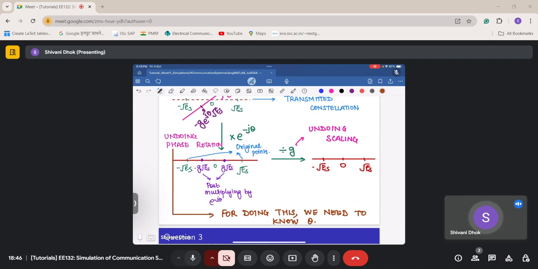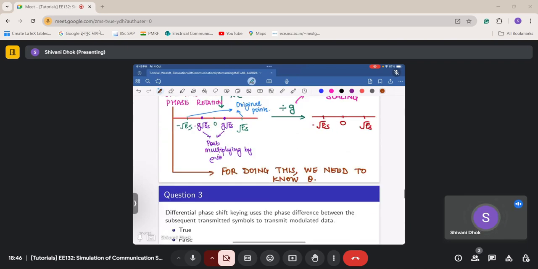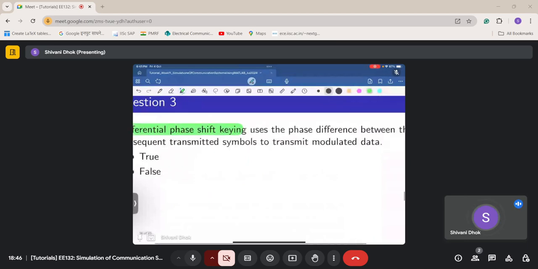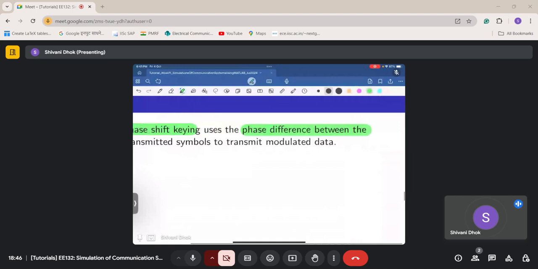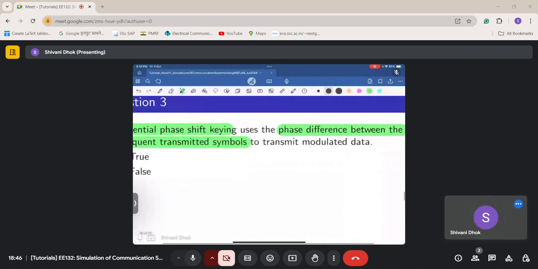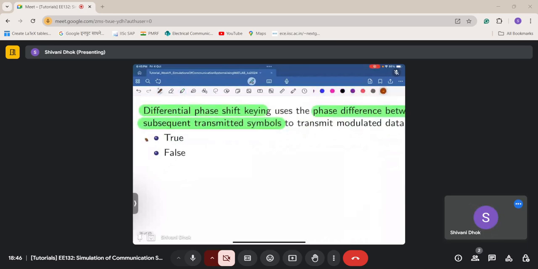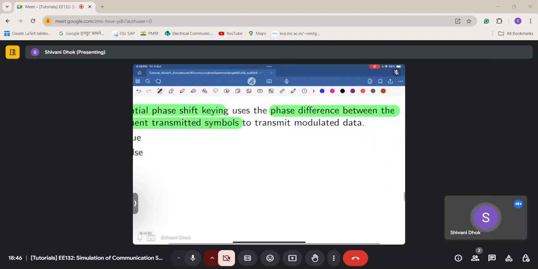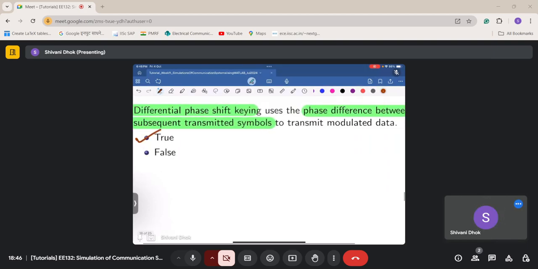The next question says differential phase shift keying uses the phase difference between the subsequent transmitted symbols to transmit modulated data. So this is true. It looks at the phase difference between the subsequent transmitted symbols.